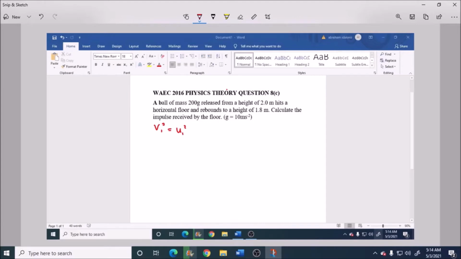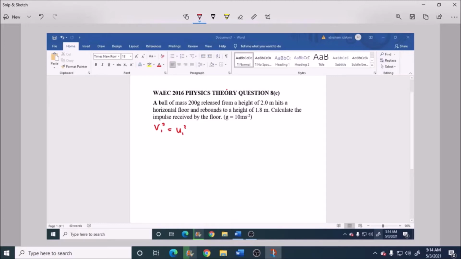Okay, this is equal to 40. All right, so we have v1 is equal to the root of 40, which is equal to 6.32 meter per second.